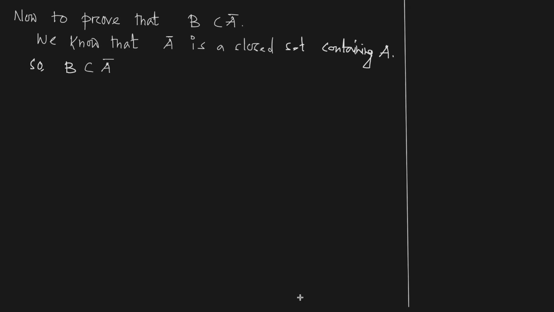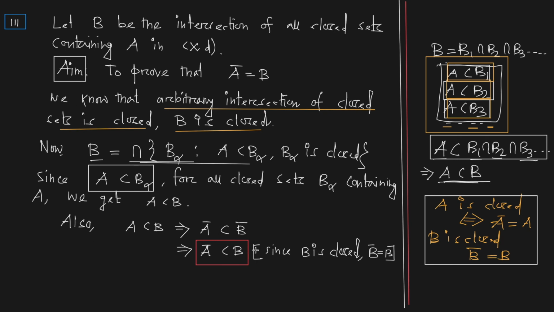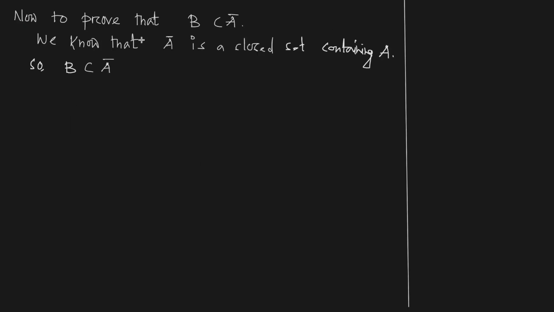Clear? So first I proved that A bar is a subset of B. Now what did I show? B is a subset of A bar.